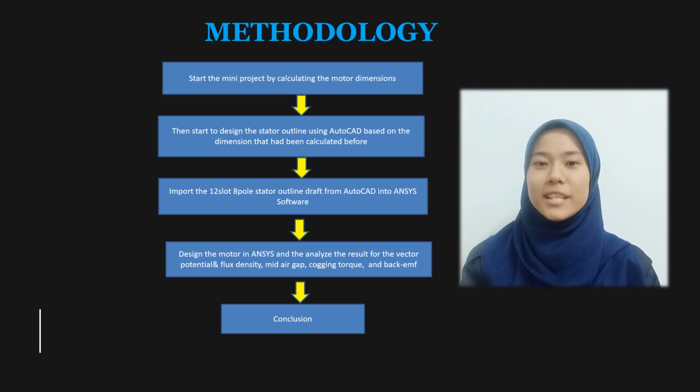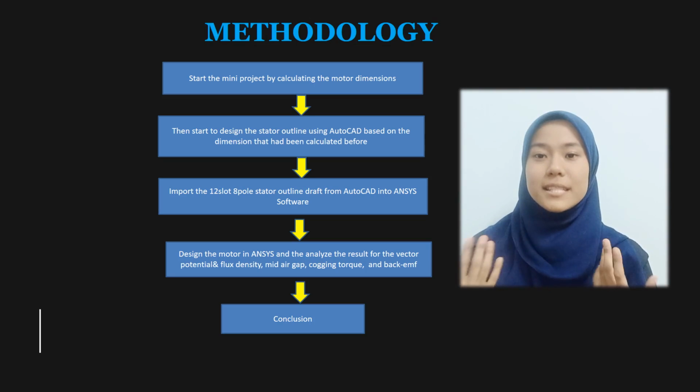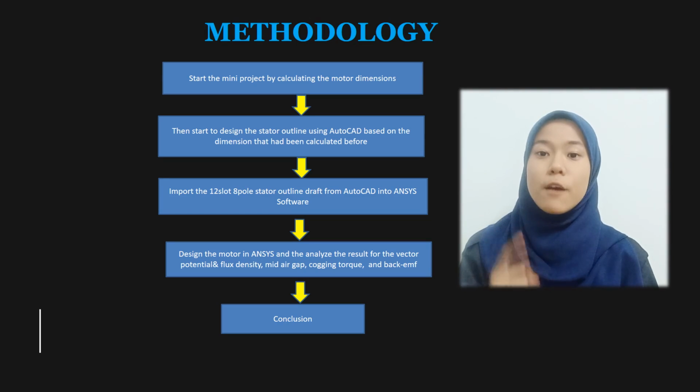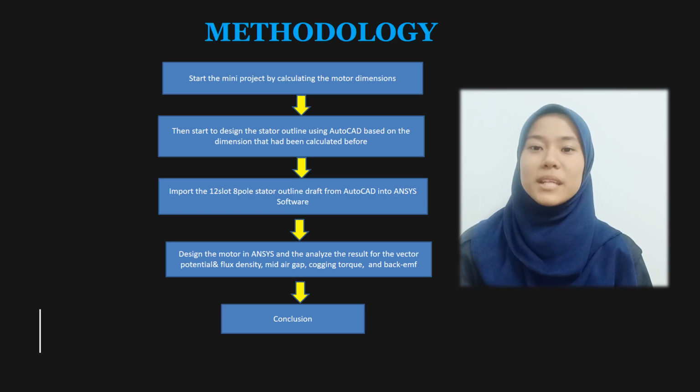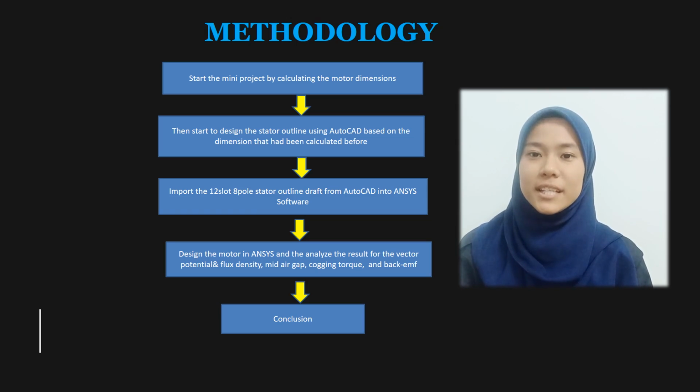Next is methodology. In order to design this motor, there are several steps that need to be taken. First, we start this mini project by calculating the motor dimension. Then, we design the stator outline using AutoCAD based on the dimension that had been calculated before.